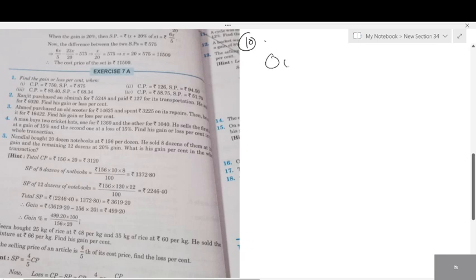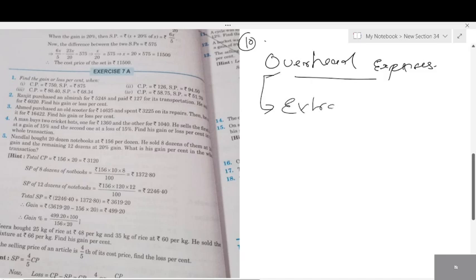Fine. Overhead expenses. Along with this, the concept called overhead expenses. What do you mean by overhead expenses? How many of you attended when ma'am taught you all? Did ma'am explain about overhead expenses? The meaning of overhead expenses is the extra amount which you all spend.